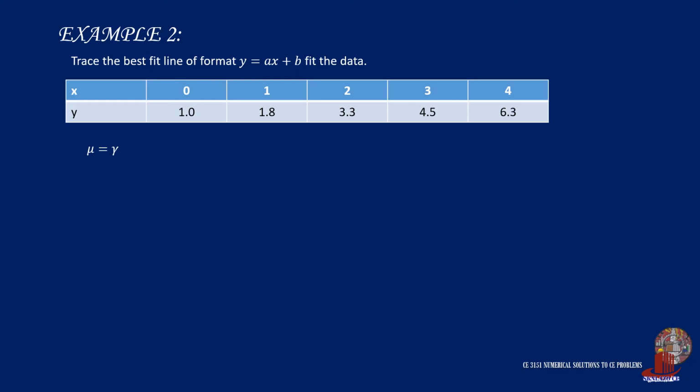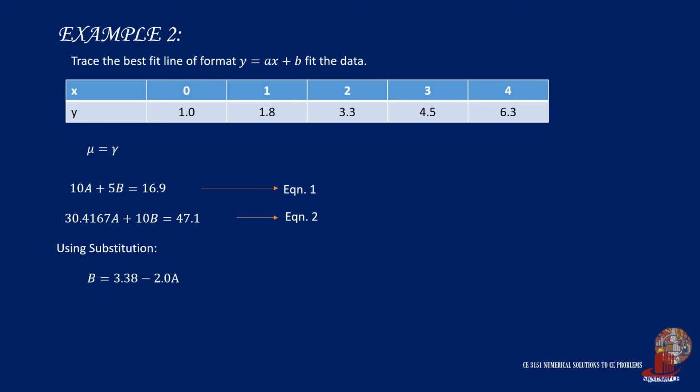Equate mu with sigma, thus the first final moment is 10a plus 5b equal to 16.9, and the second final moment is 30.4167a plus 10b equal to 47.1. Again, using substitution, take equation 1 and extract b.